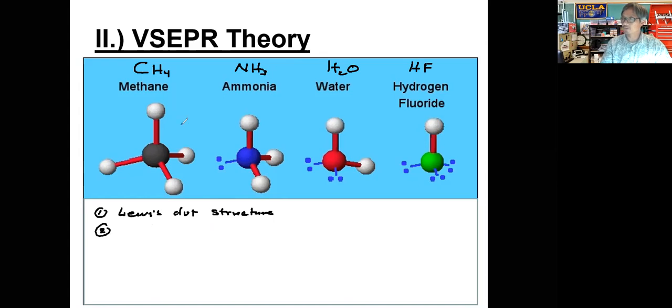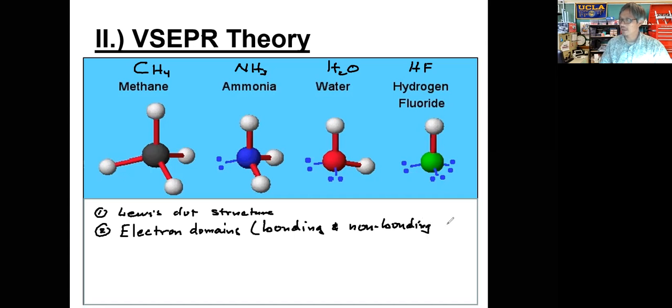Indicate the electron domains, which includes the bonding and non-bonding pairs.